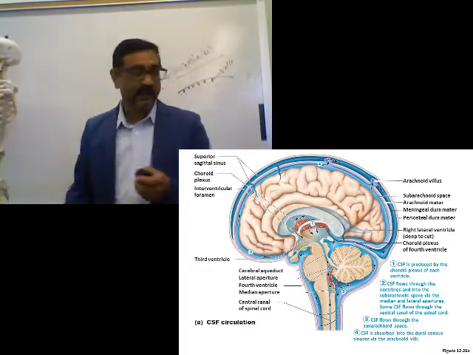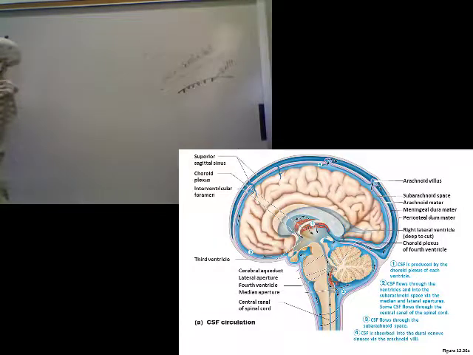And one thing you see here, from the fourth ventricle, cerebrospinal fluid goes down this way and then gets out this way and enters into the subarachnoid space like this, and also goes around the spinal cord. So cerebrospinal fluid also enters around the spinal cord.